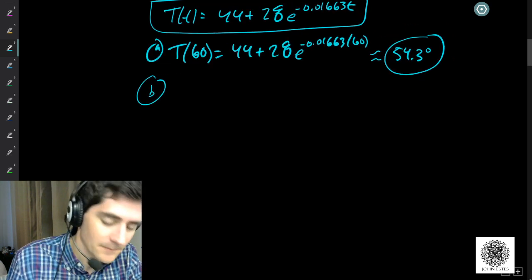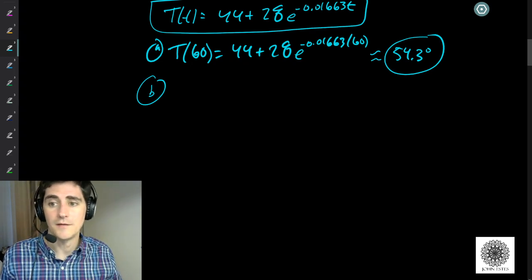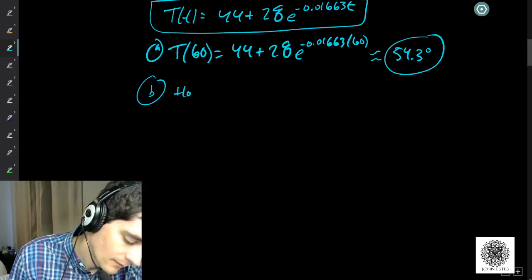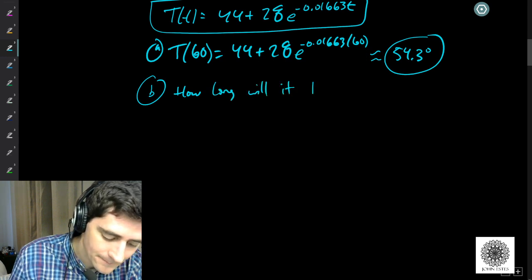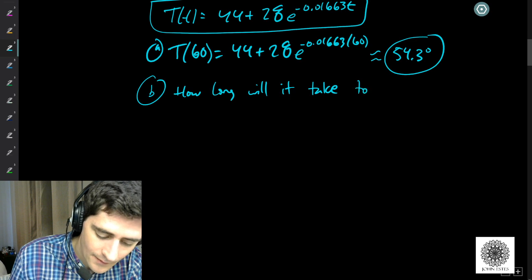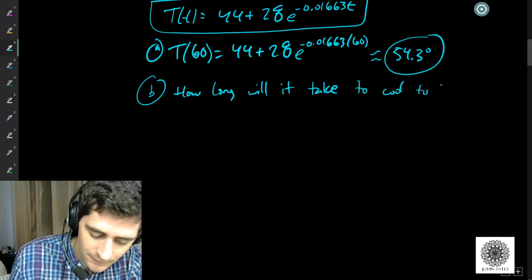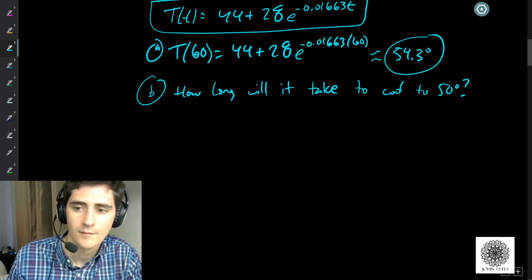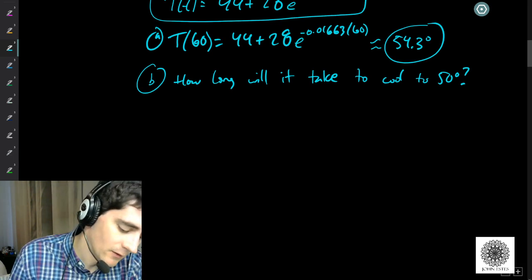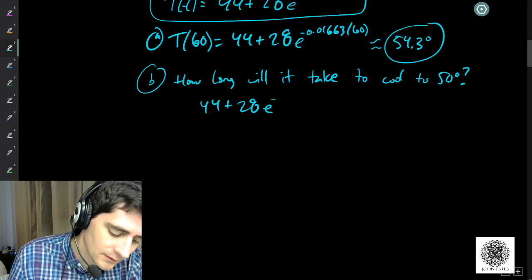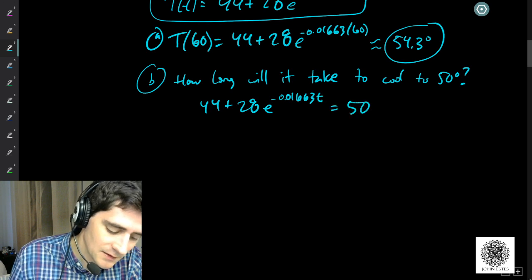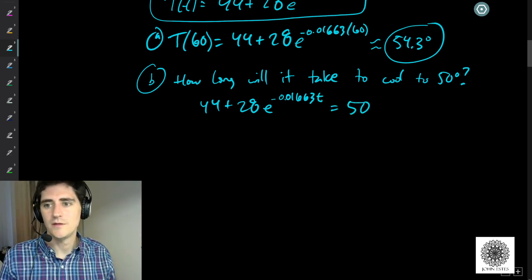Let's say, how long will it take to cool to 50 degrees? All right, so now we're just plugging it in. 44 plus 28 e to this power. We don't know t, right? That's what we're trying to solve. Equals 50. So it's just like the previous examples.